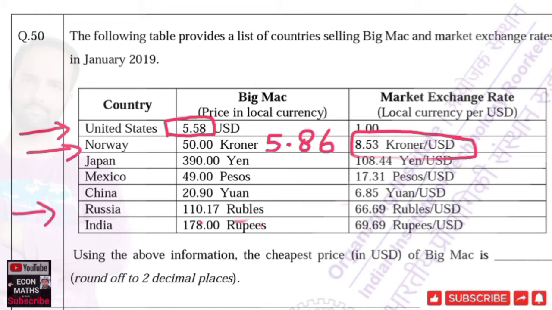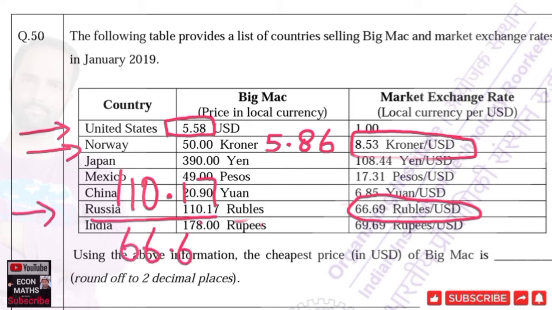Simply we write the price in local currency, that is 110.17 rubles, divided by the exchange rate between US dollar and local currency, that is 66.69, which gives us the price of Big Mac in terms of US dollars as 1.65. So the cheapest value comes only in Russia, given this data.